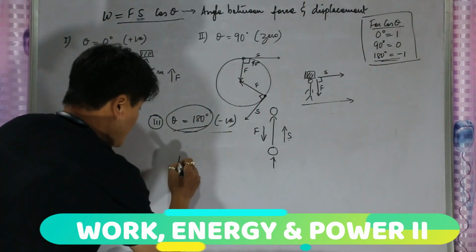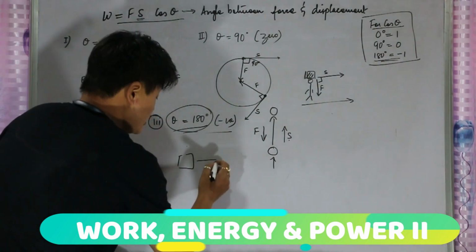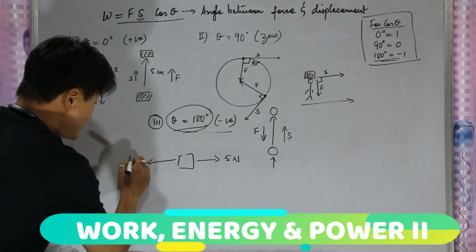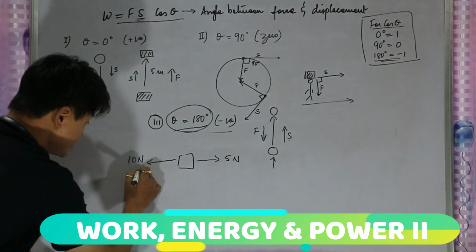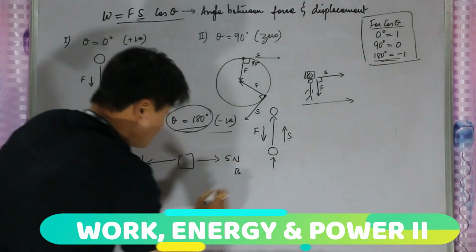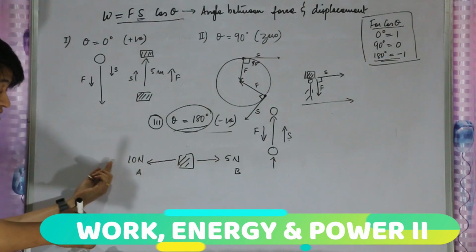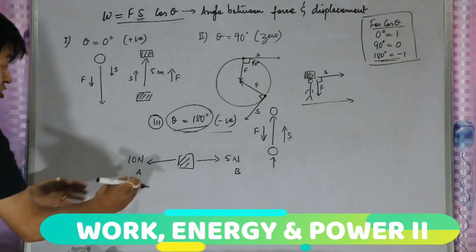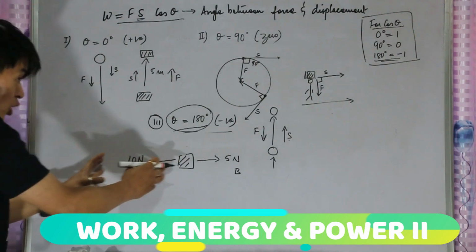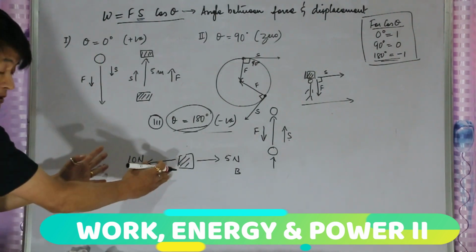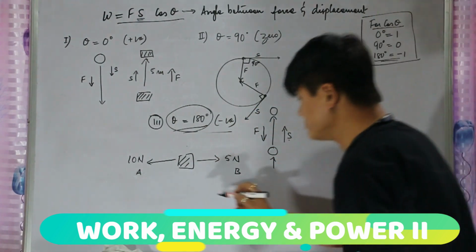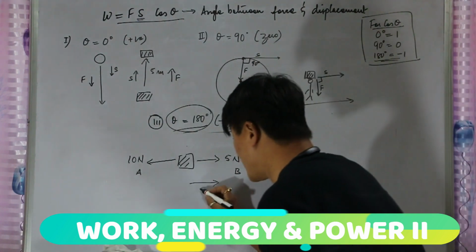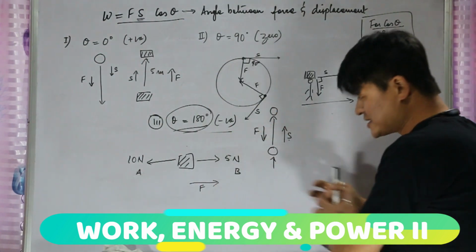Or else, if you have a load here, and we are applying 5 Newton force on one side and 10 Newton force on the other. This is your A and this is your B. A is applying 10 Newton force on this side, and the body will shift this side. So from A's point of view, the work done will be positive. B is trying to pull the body this side, applying a force towards this direction.